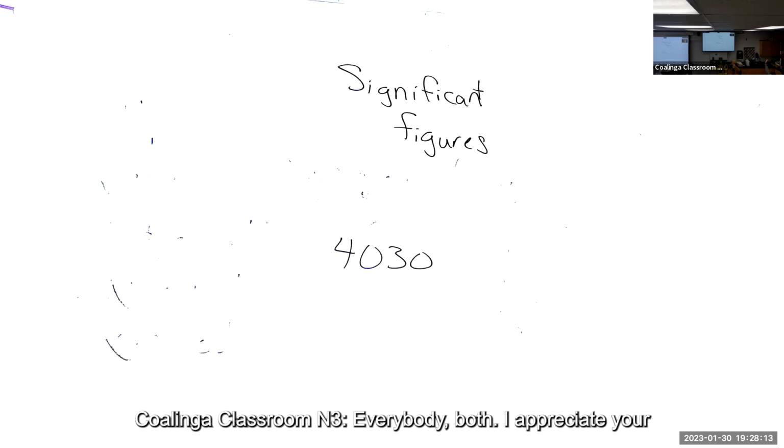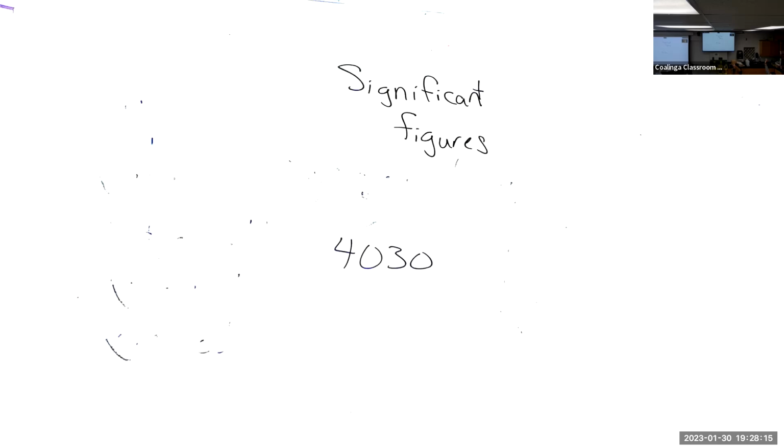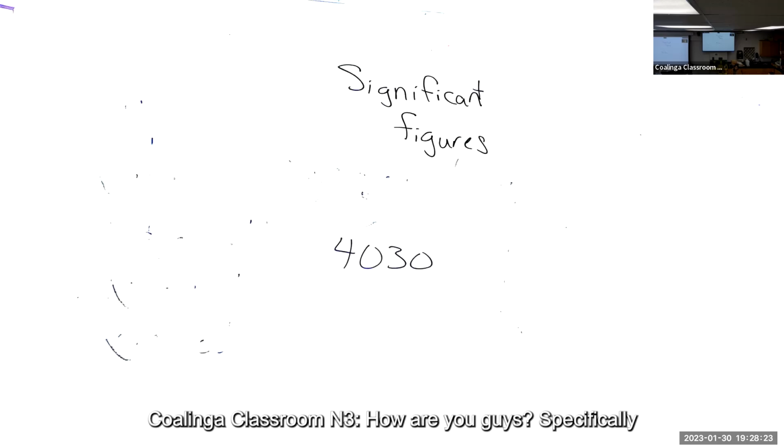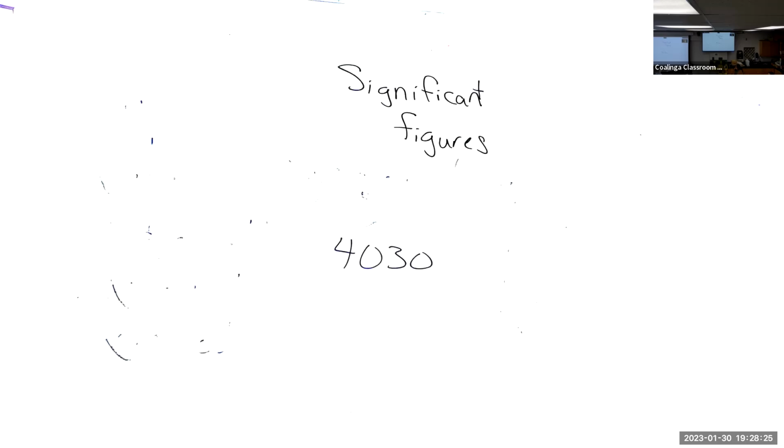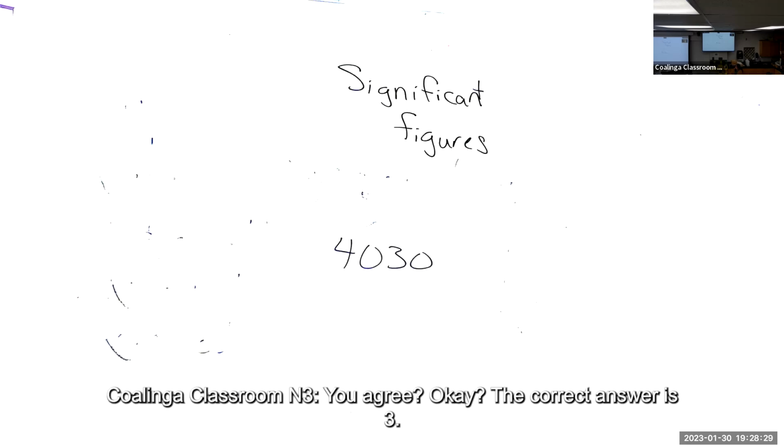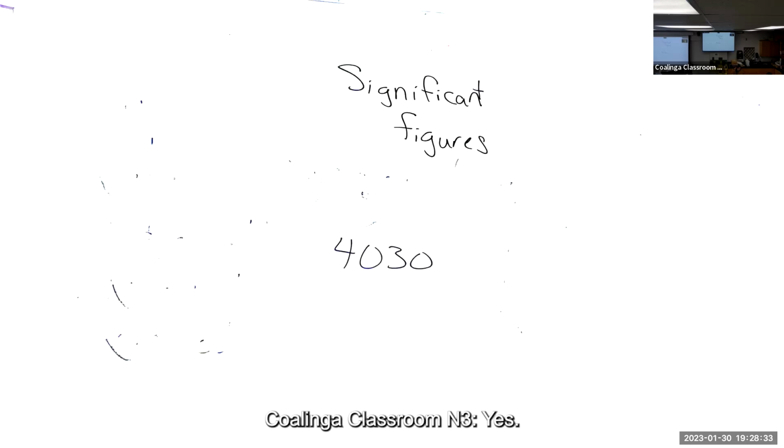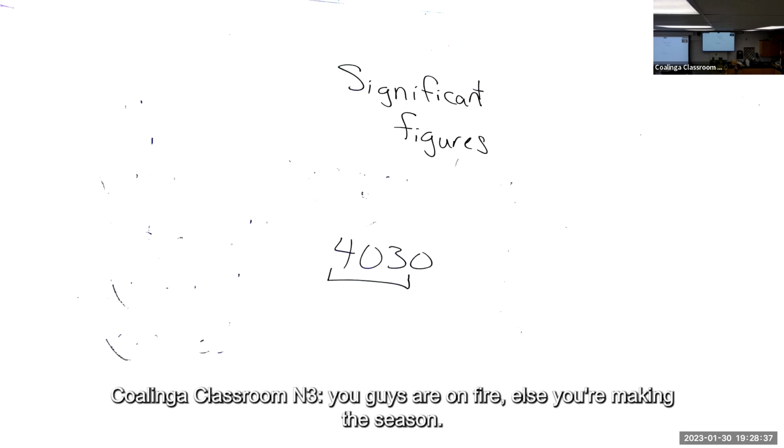He said 3 significant figures. How many of you guys disagree? You gotta vote. Okay, the correct answer is 3 significant figures. Good job. You guys are on fire. El Fuego, you're making this easy.